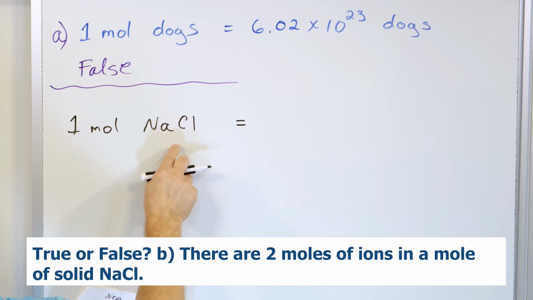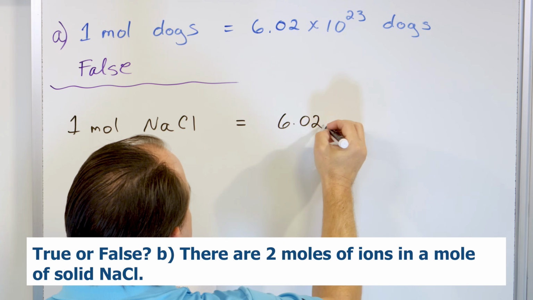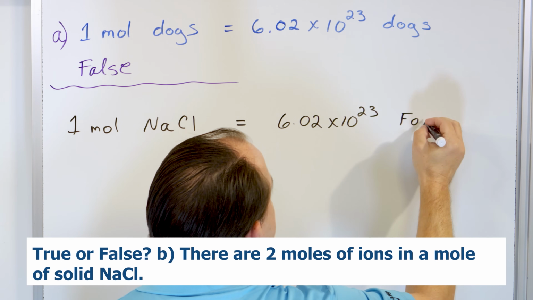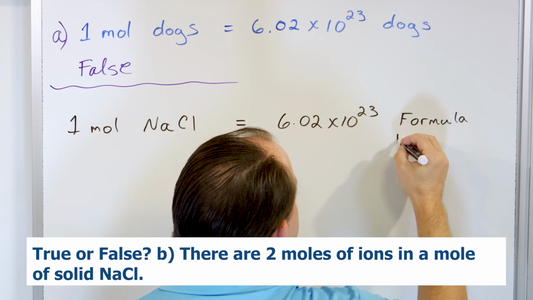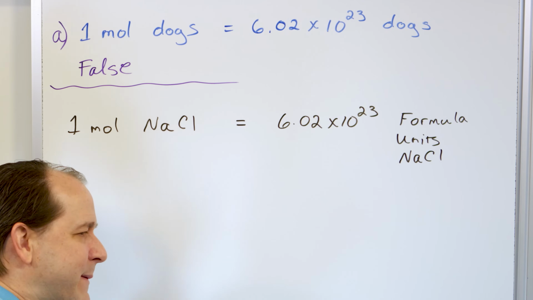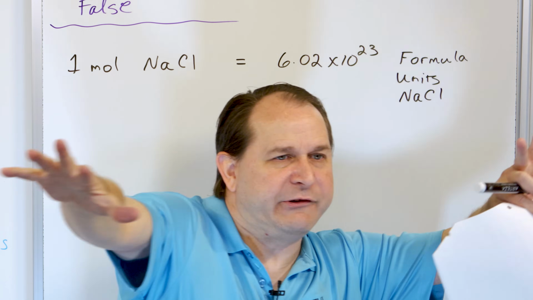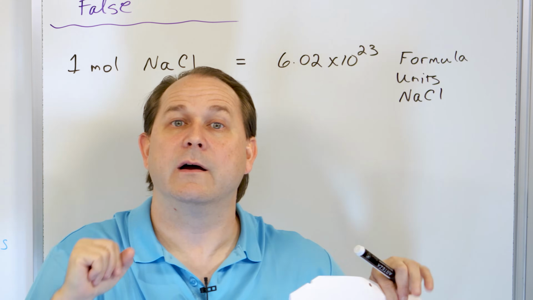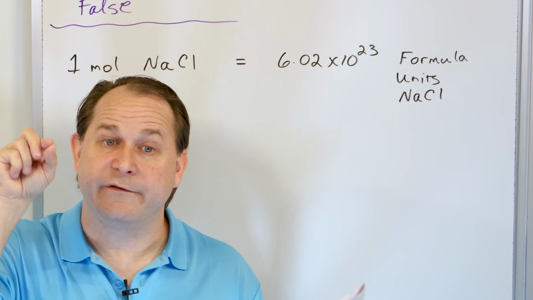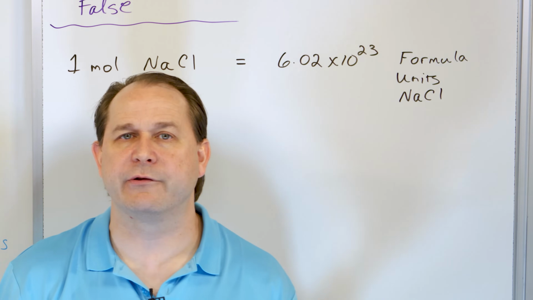How many formula units do I have? Well, I have 6.02 times 10 to the 23rd formula units of NaCl. In other words, maybe I have a sugar cube that's exactly 1 mole. If I could zoom in, I would see a 3-dimensional lattice of sodium and chlorine ions bound together, in a ratio of 1 to 1: sodium, chlorine, sodium, chlorine, all in 3-dimensional space.